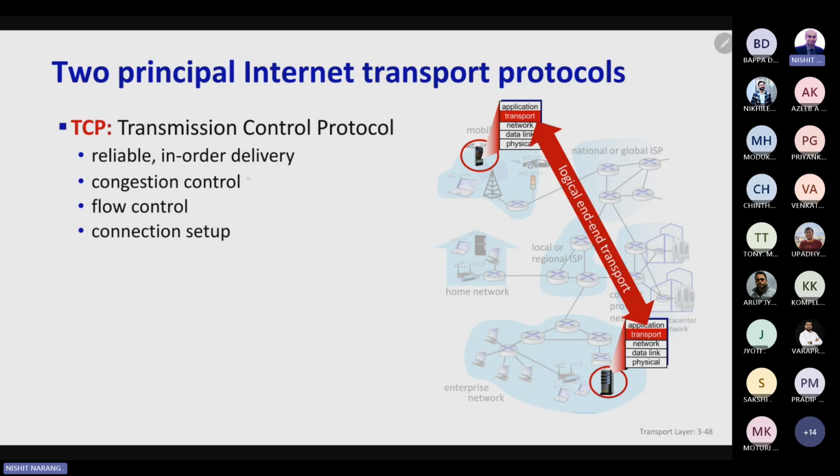So reliable in-order delivery is one of the key functions that TCP implements. TCP also implements a function called congestion control, which basically is an attempt of the transport layer protocol to handle or address the congestion conditions in the network. How does TCP do that? We'll talk about it.